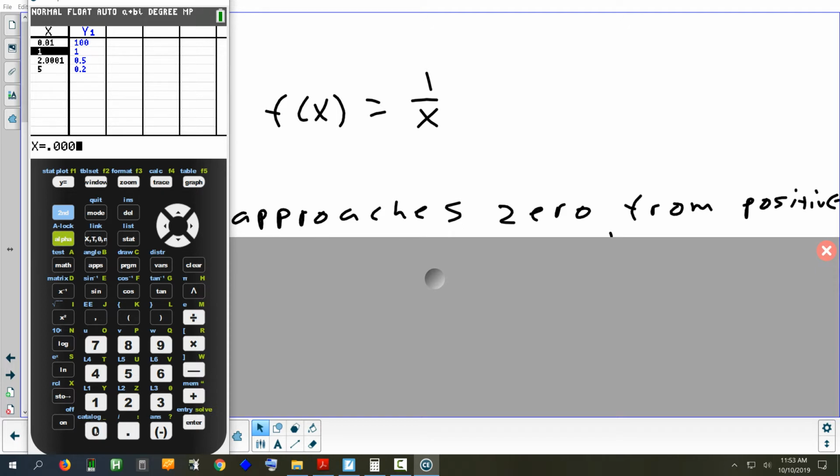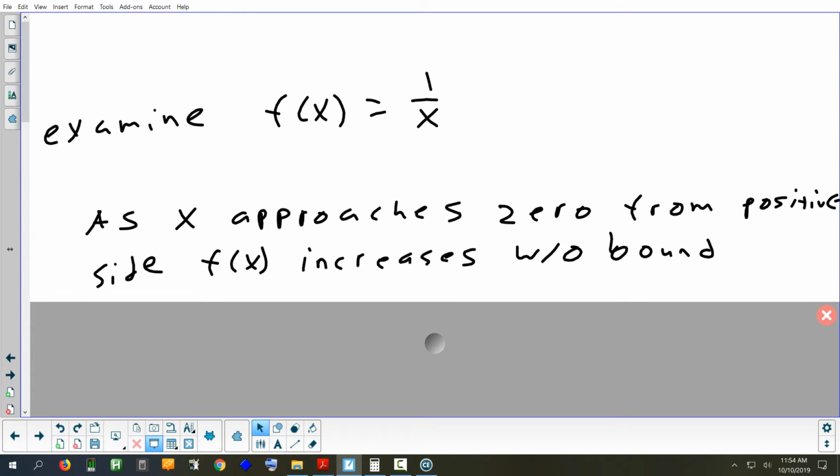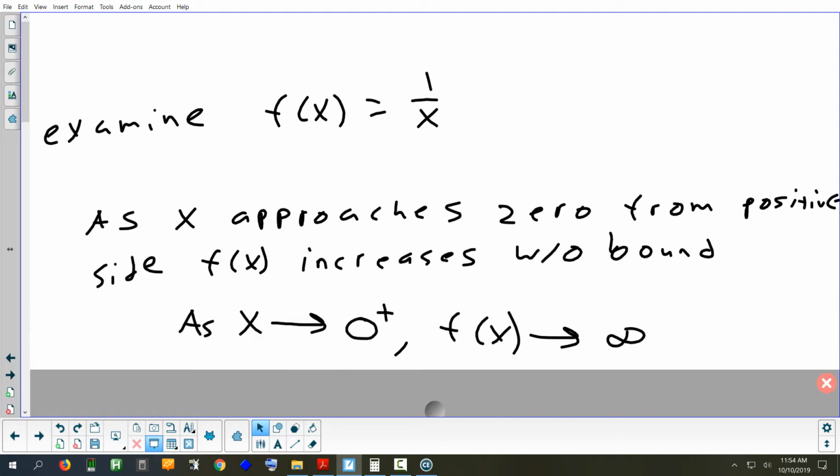So what's happening to the y value as x gets very, very close to 0? It's going up, okay? Or negative 0.0001, it's going down, right? So as x approaches 0 from the positive side, this is how you could write it. As you get closer and closer to 0, your y value goes up forever without stop.